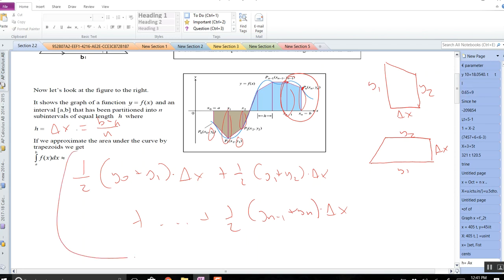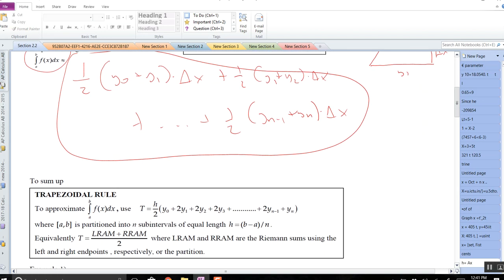That gives us an estimate of the definite integral from a to b of f of x dx.